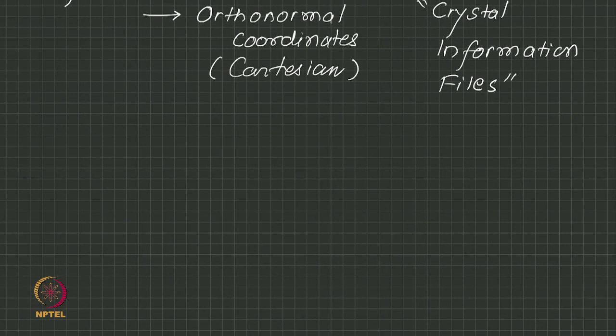So, how do we do that? Of course, the crystal coordinate system, as I said, you have A, you have B, and you have C.